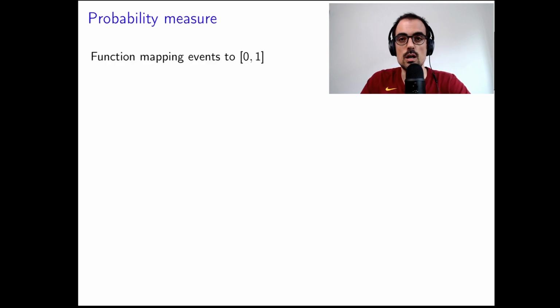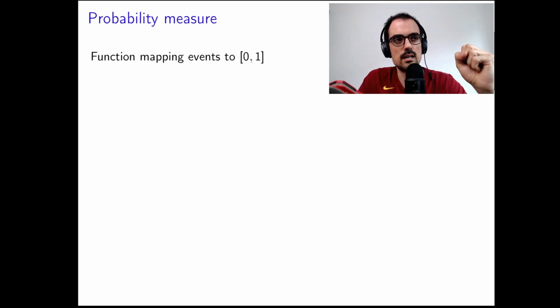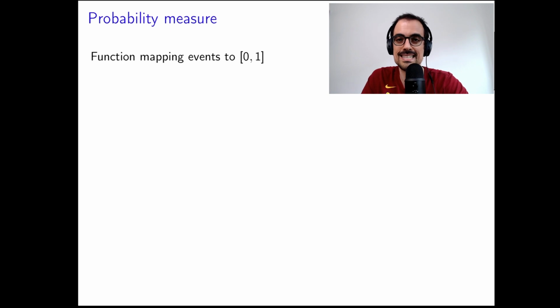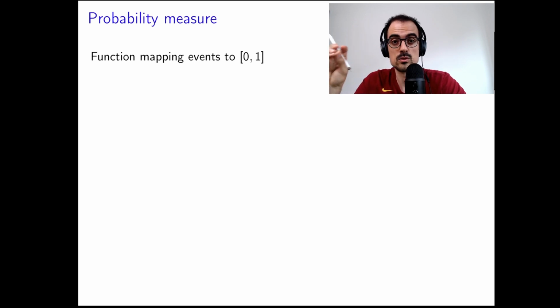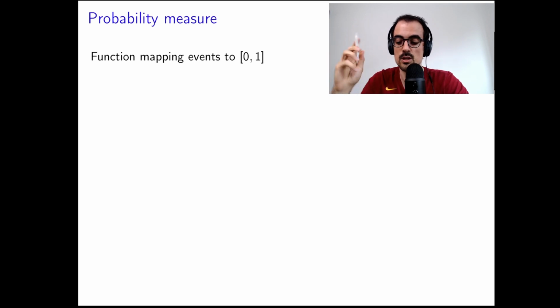So we have already set the rules about how we need to build a collection of events when we are building a probability space. Now let's focus on the actual probability measure that maps these events to probabilities, to the numbers we're interested in. It's a function that maps events to a number between 0 and 1.